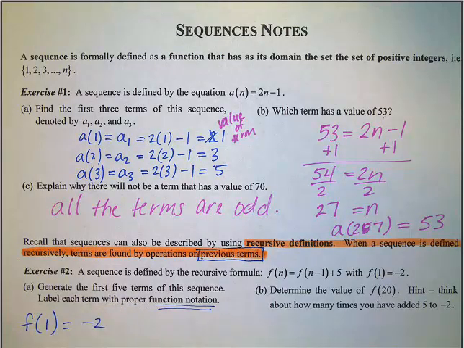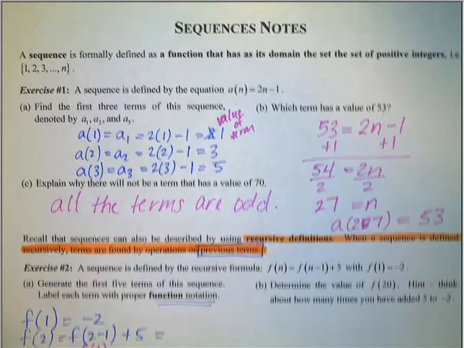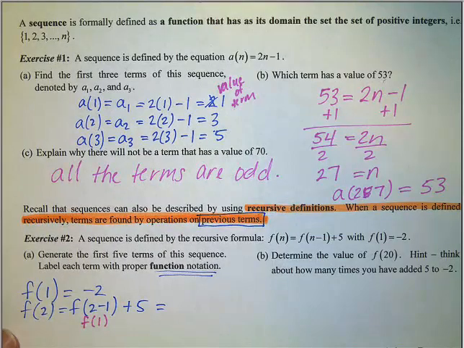They gave that to us. So now f of 2 equals f of 2 minus 1 plus 5. Well, 2 minus 1 is just 1, so this is the same as f of 1, and I have to add 5. So f of 1 was -2, so -2 plus 5 is 3.